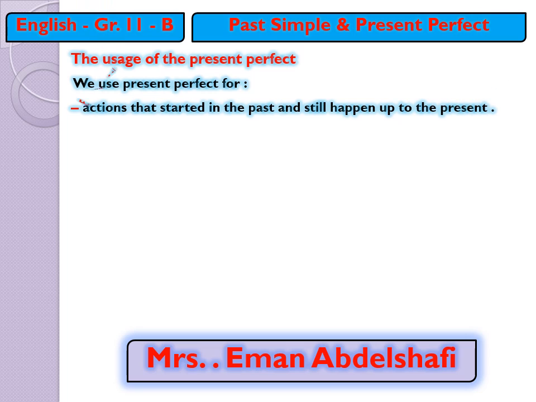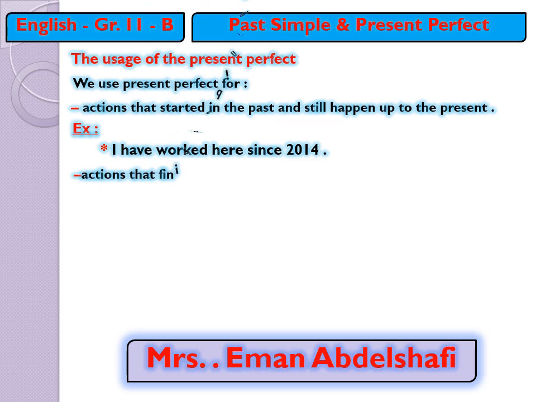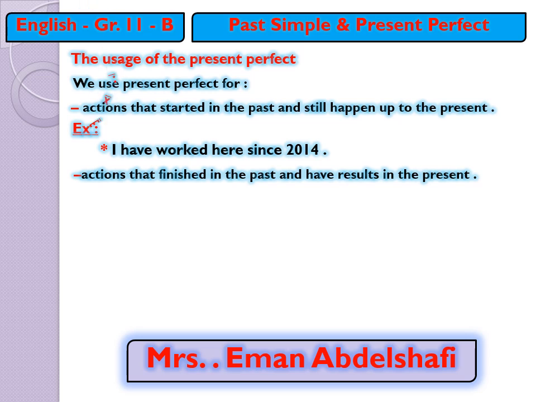Example: I have worked here since 2014. The second usage of the present perfect is for actions that finished in the past and have results in the present. Example: I am tired because I have just finished my work.